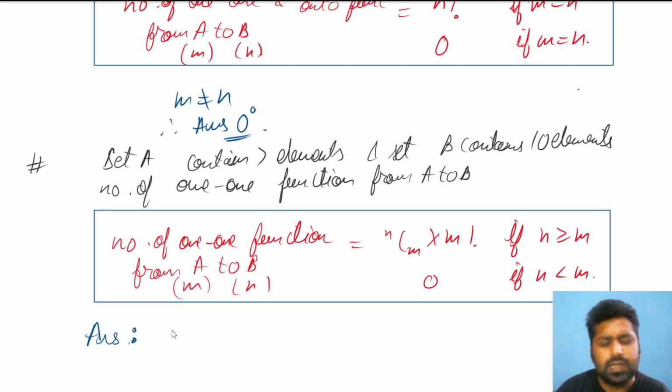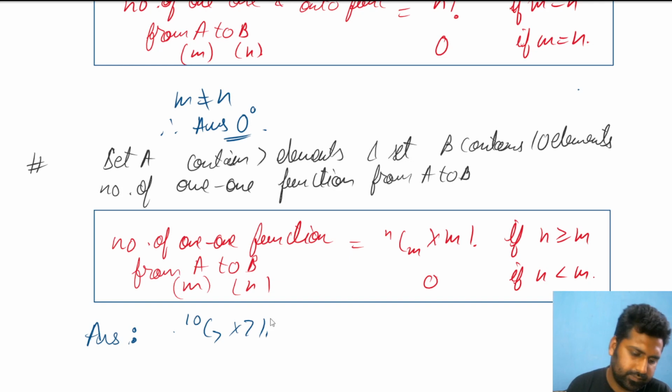These results are generated with the help of permutations and combinations and the definitions we have studied, so take this as a direct formula. nCm, so n is 10, 10C7 into 7 factorial.